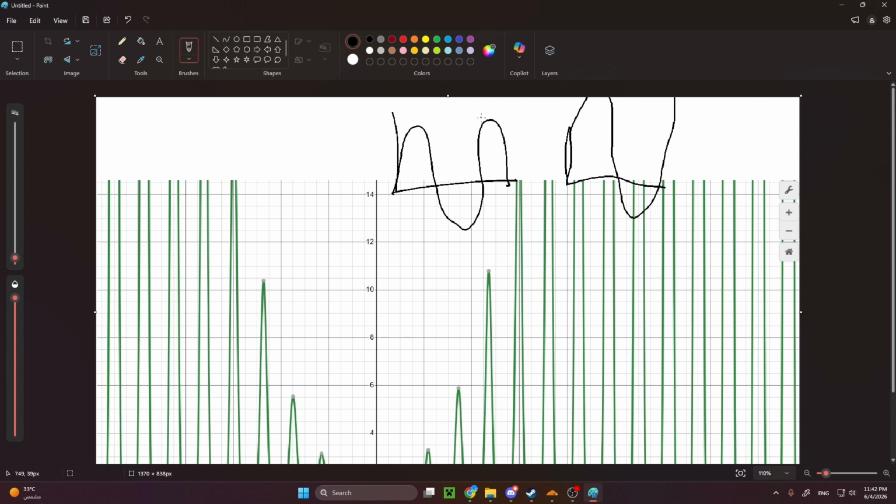Now, when two waves intersect in physics, they both conjoin and get added to each other. So if this had an amplitude of, let's say, 500, and this had an amplitude of 1000, then a new wave would be created, with an amplitude of 1500.